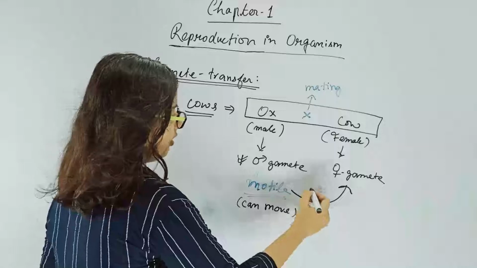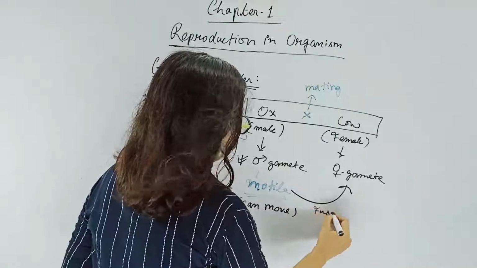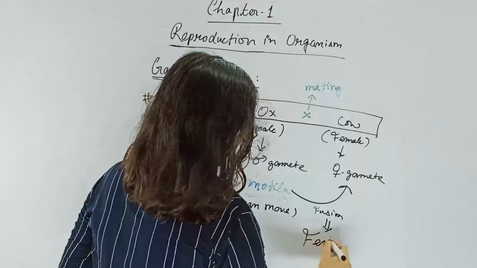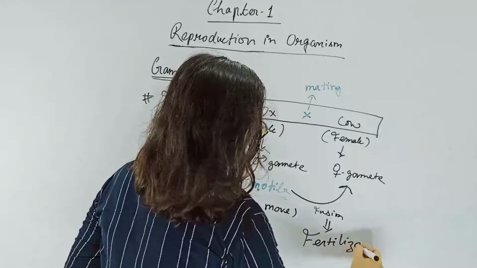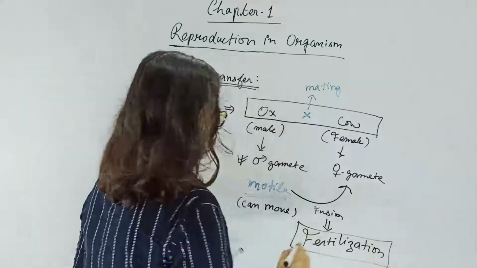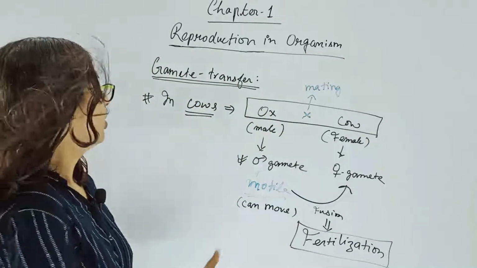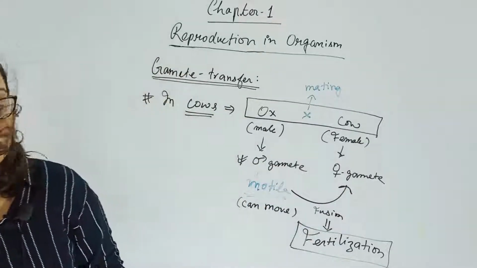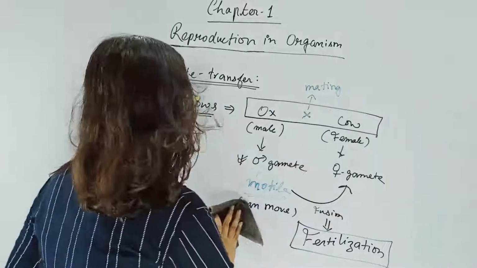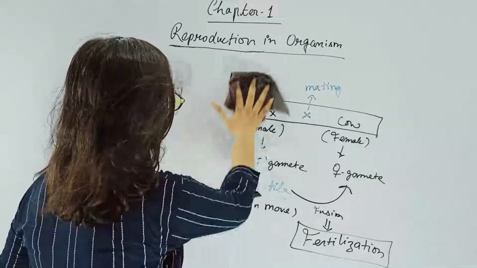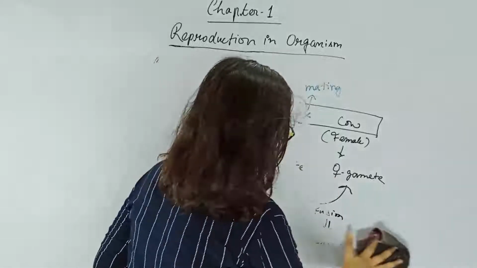So there they will fuse. Fusion will happen, and the fertilization event will take place. So this was about the gamete transfer in different types of organisms. Now the next event in sexual reproduction is the fertilization event.